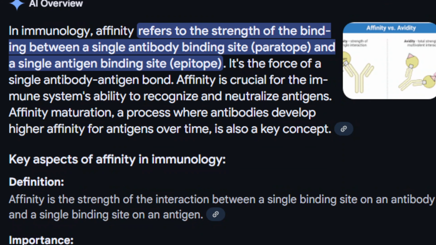It's the force of the single antibody antigen bond. Affinity is crucial for the immune system's ability to recognize and neutralize antigens. Affinity maturation, a process where antibodies develop high affinity for antigen over time, is also a key concept.